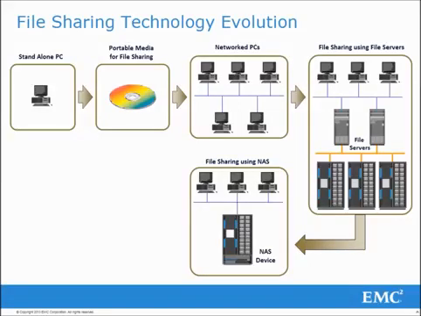This may result in the proliferation of islands of overutilized or underutilized file servers and storage systems. In addition, such environments have poor stability, higher management cost, and greater complexity. Network attached storage, or NAS, emerged as a solution to address these challenges.